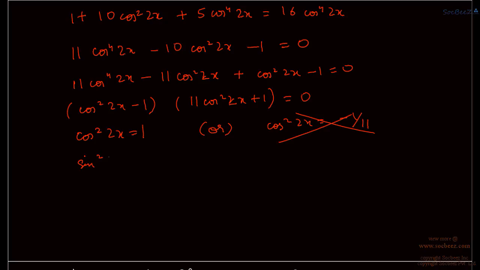We'll write this as sin square 2x equal to 0. I wrote it as sin squared because cos square 2x equal to 1 means cos 2x can be 1 or minus 1, but sin square 2x equal to 0 means sin 2x is always 0, right? So that gives us 2x is equal to n pi, so x is equal to n pi by 2.